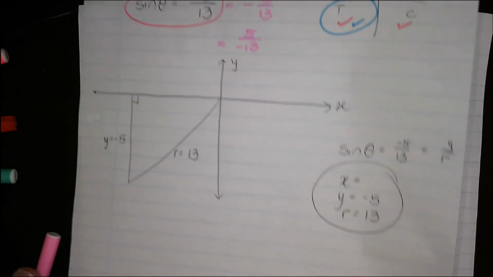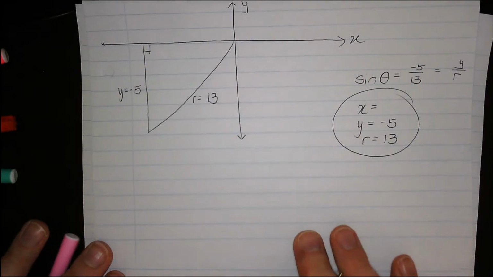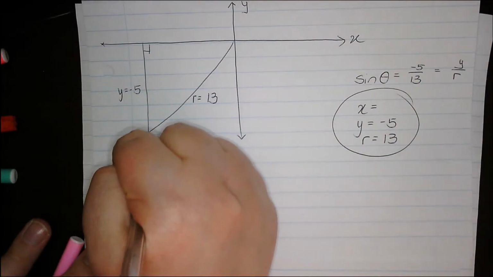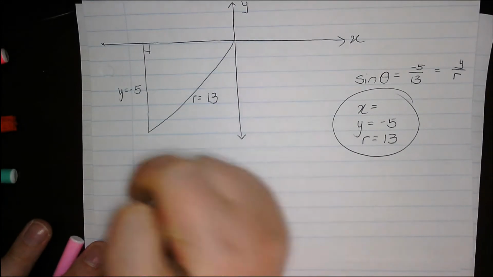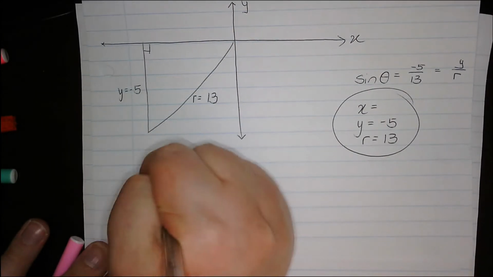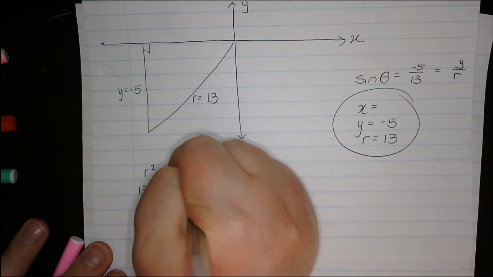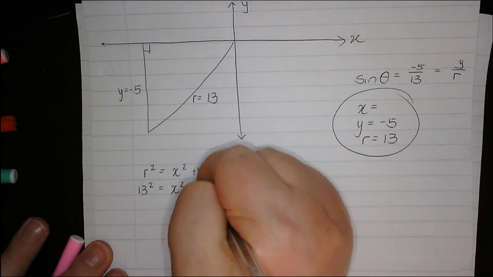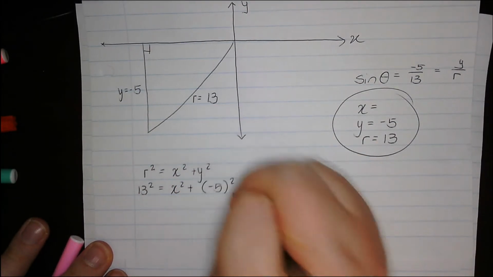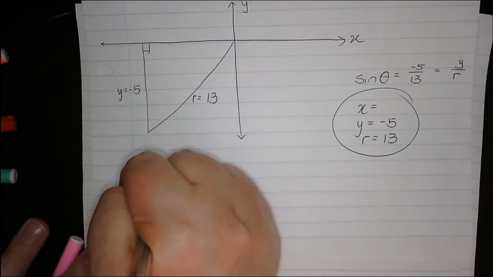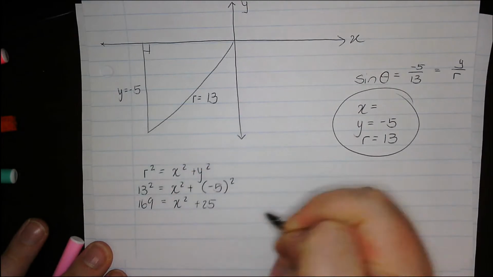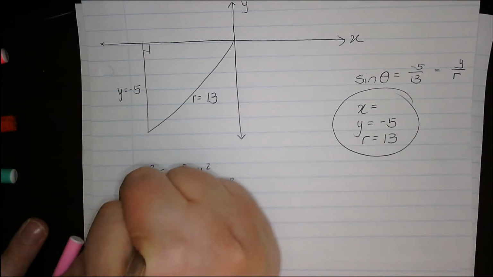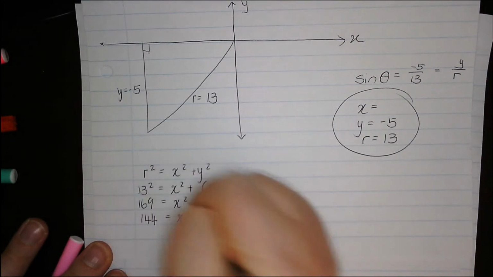Now we're going to use the theorem of Pythagoras to work out x. So we know that r squared is equal to x squared plus y squared. R is 13. X is what we want to know. And y is negative 5 squared. Right, that's 169 equal to x squared plus 25. That should give me 144 equal to x squared.